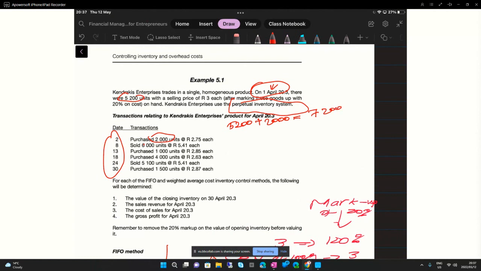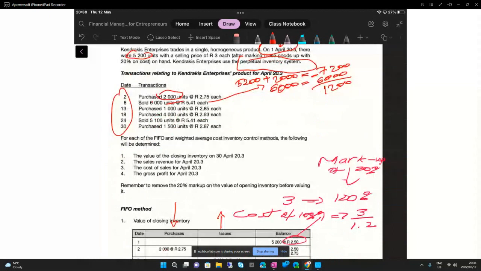That makes sense of why they could sell 6,000 on the 8th, because this 6,000 will be deducted from these 7,200, and 1,200 is left. So it's important for you to read these cases carefully.